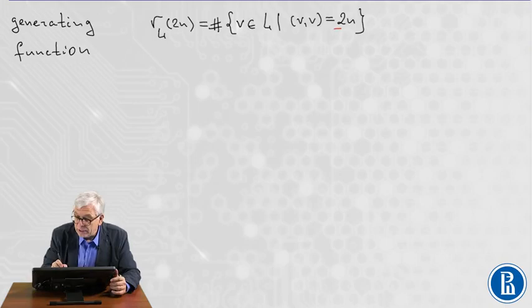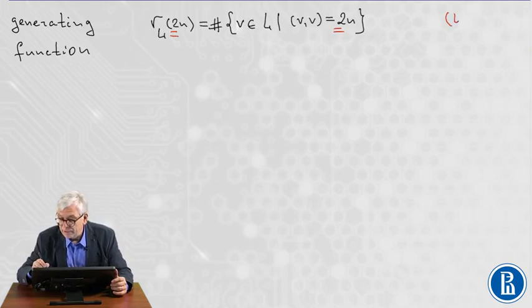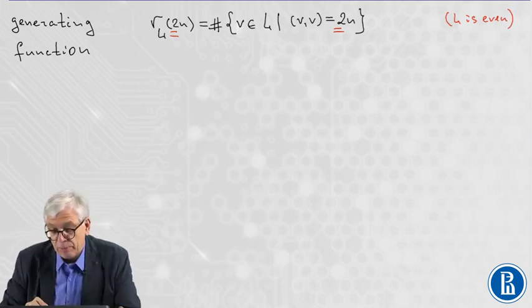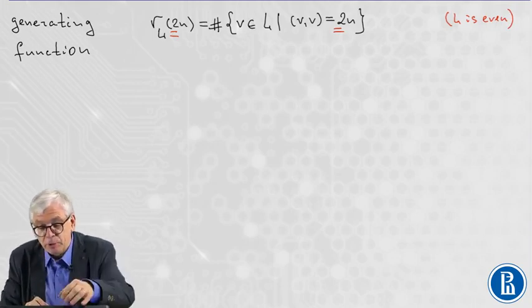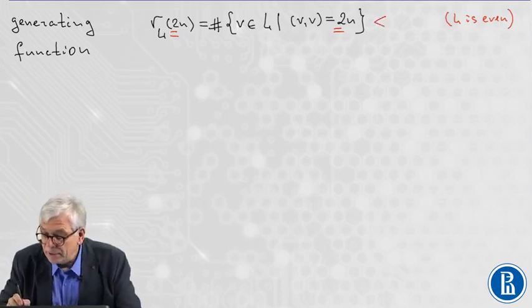I use 2n here because the lattice is even. Moreover, the lattice is positive definite, therefore this number is finite.